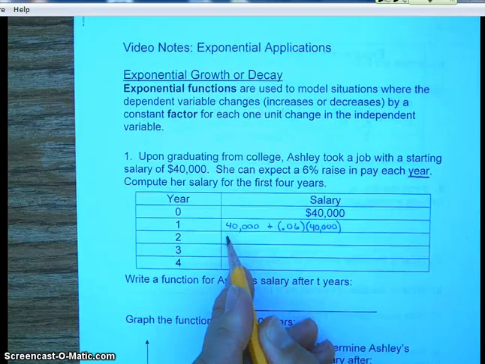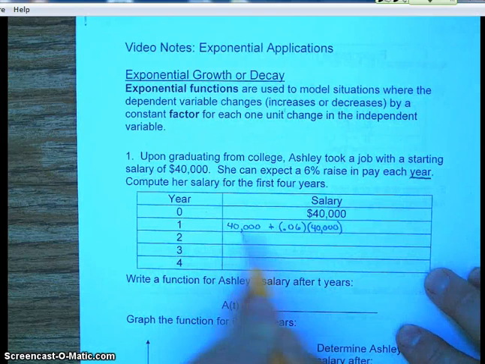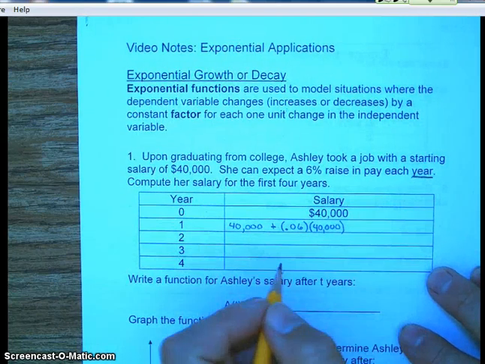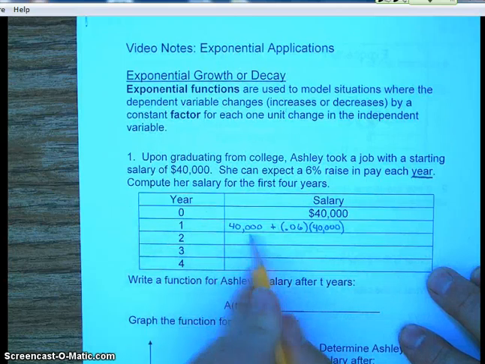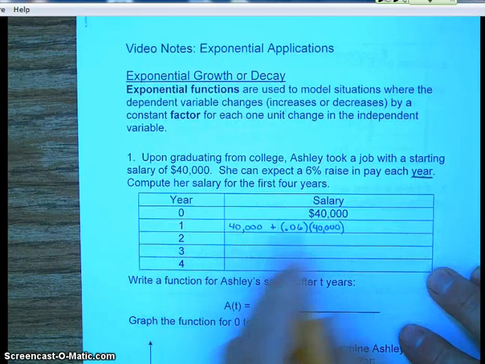Now there's a little formula here for calculating this, and in order to come up with this little formula, we're going to take this process right here and rewrite this expression by factoring out something that both terms have in common. So both of these terms have 40,000 in common, so we're going to factor out a 40,000 out of both.